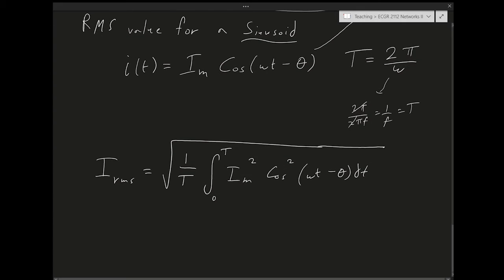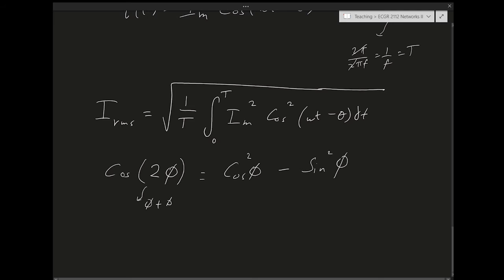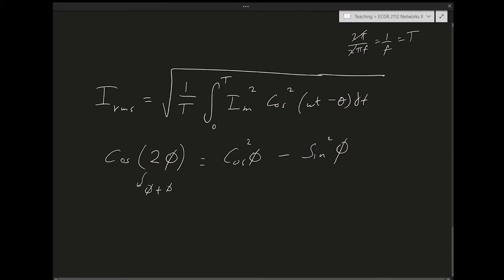I have to go back to the identity. What's the identity? So remember, we have those identities. Let's say cosine 2 phi. Let's say 2 phi is phi plus phi, right? So we know that identity. This equals cosine phi times cosine phi, which is cosine squared phi, minus sine phi times sine phi, which is sine squared phi.